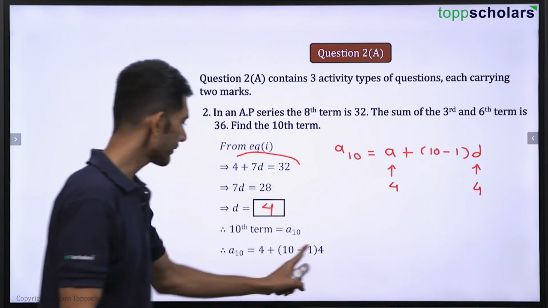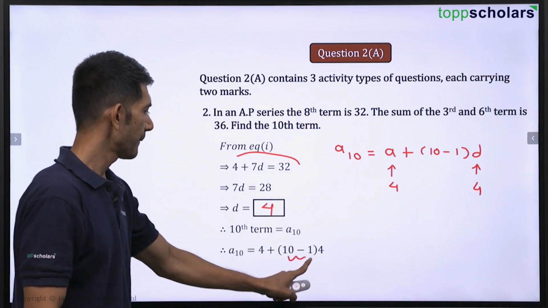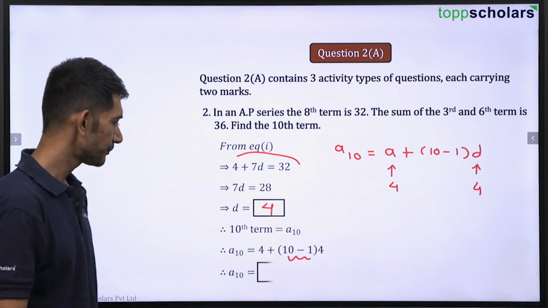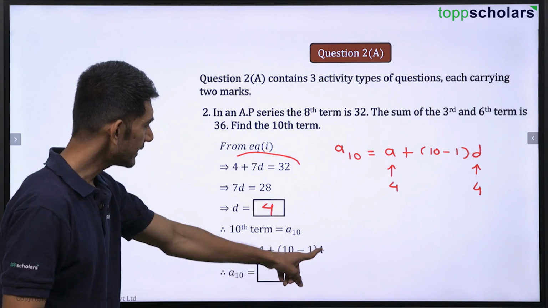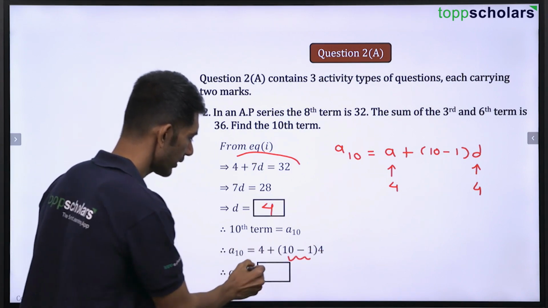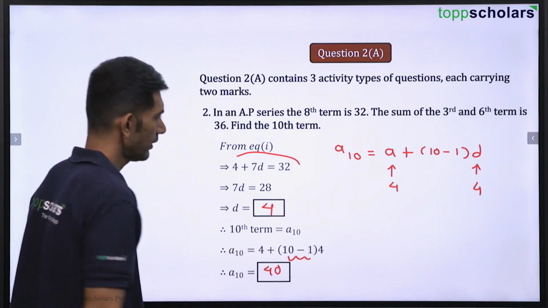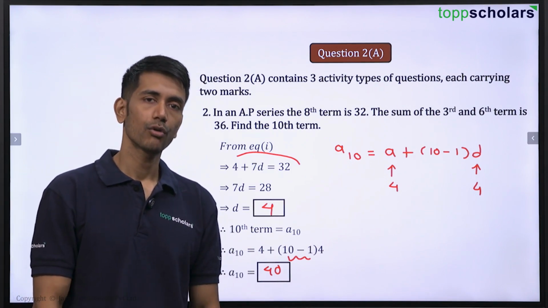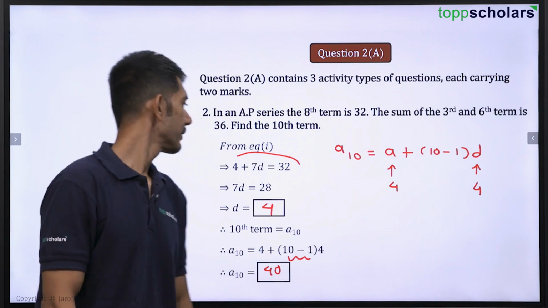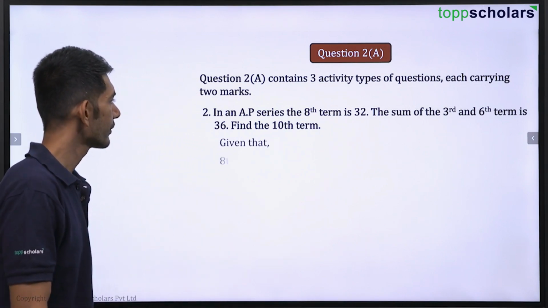That is why you can see 4 and 4 here. 9 4s are 36. 36 plus 4 is 40. That's it. A10 is 40. I hope this is clear to all of you. Easy, simple, perfect. Let's continue.